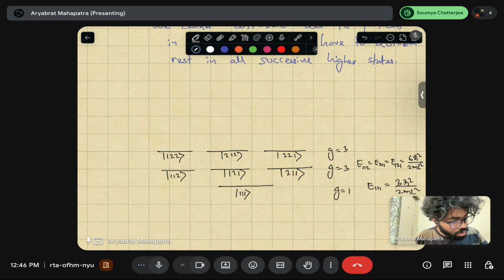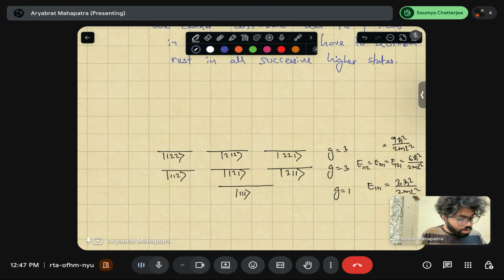Again you will find the energy to be 9ħ² over 2ml². So you find a total of 7 energy states. That means 7 particles will be distributed, but you still need 3 more.